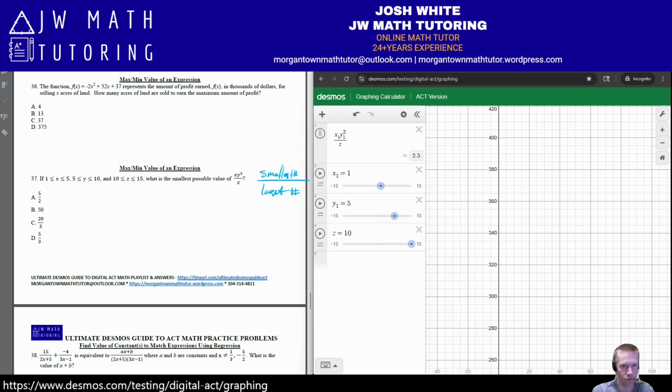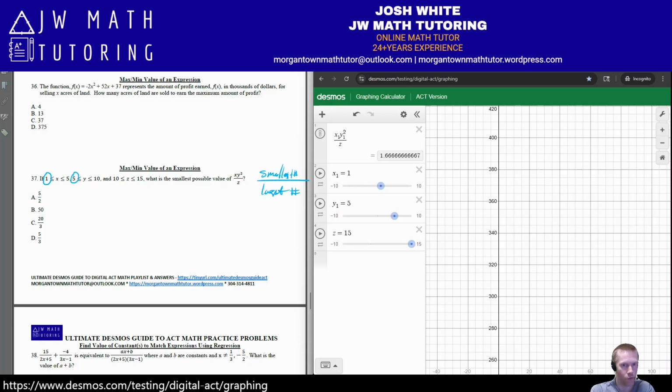Therefore, we want the smallest values for x and y. Then for z, I started at 10, now I've got to go up to 15, so let's do this. Notice, as I increase it, do the numbers get smaller? Yes, they do. They're now under 2. So I want the largest possible value for z, which is 15.